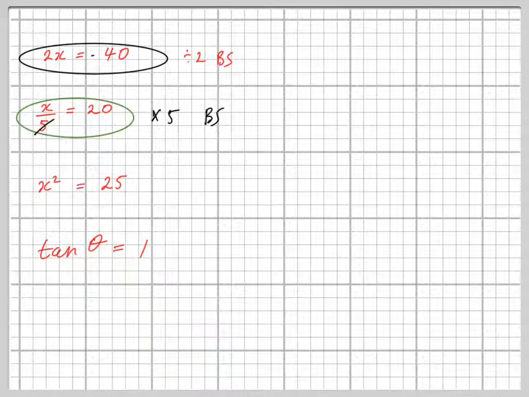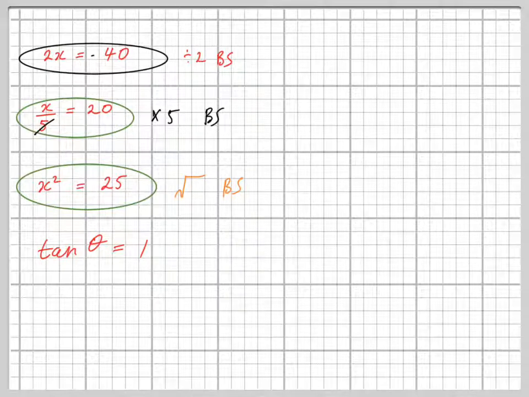Now for this one here, when we've got x squared, or x to the power of 2, to eliminate the squared or the power, we would square root on both sides.